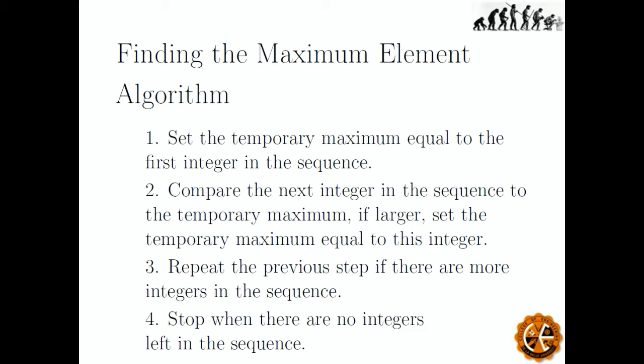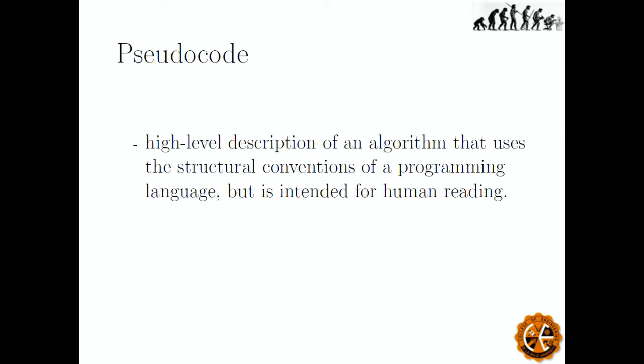Although it's simple to understand, expressing the algorithm in terms of step-by-step English instructions might be vague, because English is inherently a vague language. That's why we also explore the expression of an algorithm in terms of pseudocode, which is a high-level description of an algorithm using structural conventions of programming language.